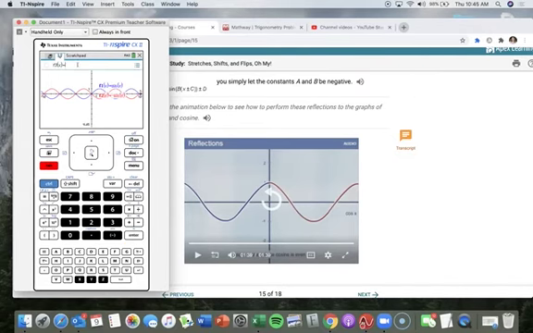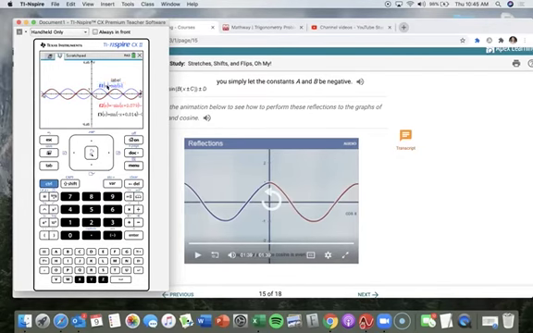And if I type in instead sine of negative x, hopefully you notice that negative sine of x and sine of negative x are going to be the same thing. One is reflecting across the x-axis and one is reflecting across the y-axis. But essentially, if we have no other transformations, they do the same thing.